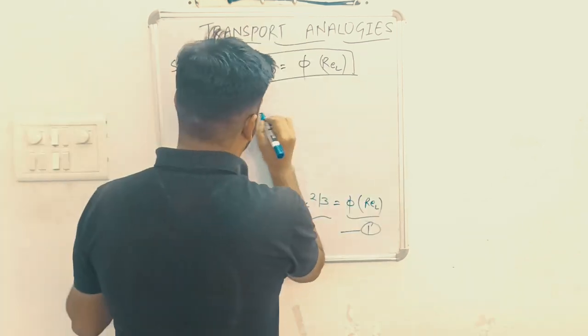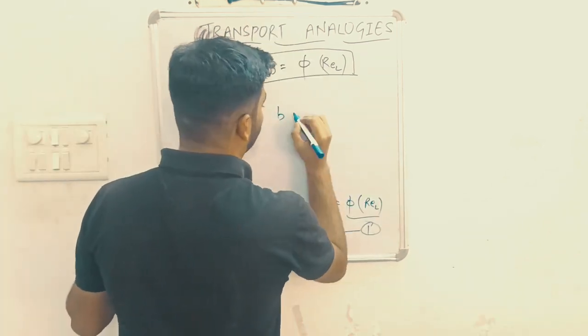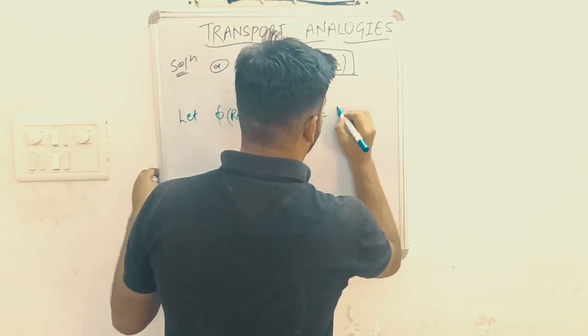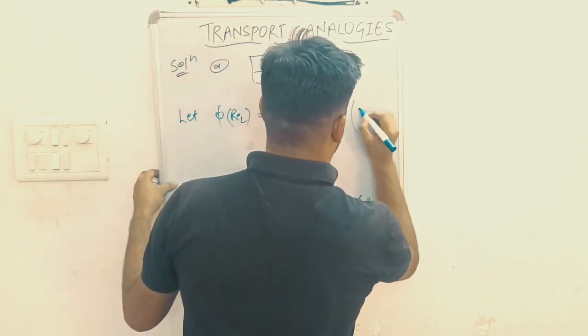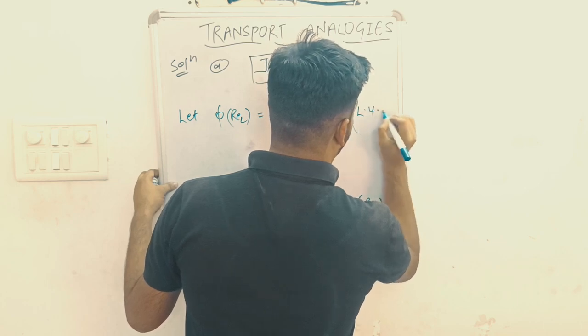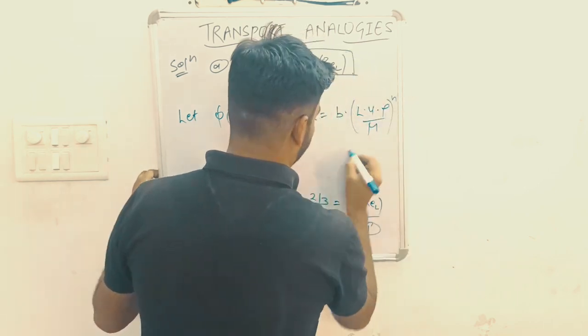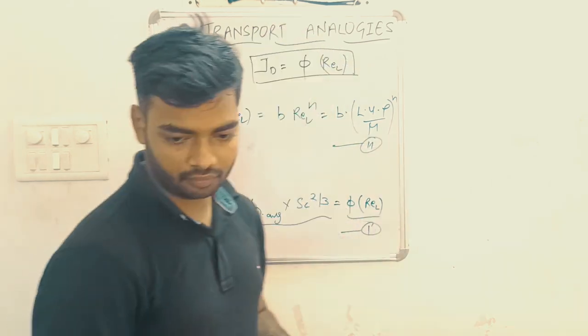JD is a function of Reynolds number power n. Extending this, we will get V into L into U into rho upon mu power n, taking it as equation second.